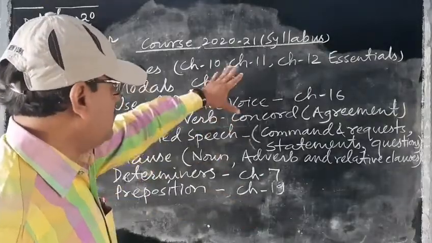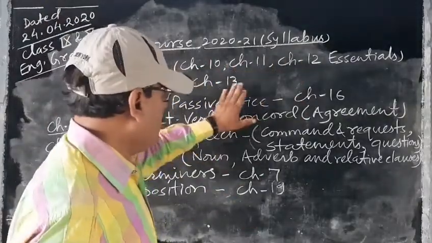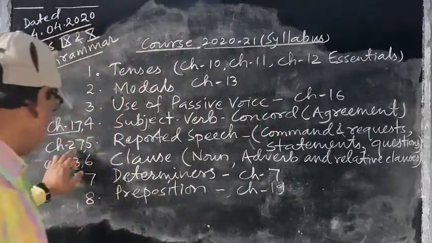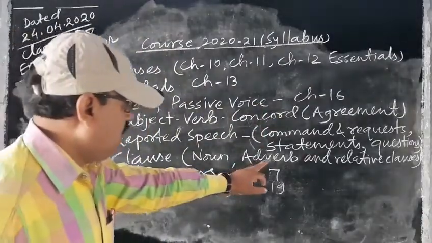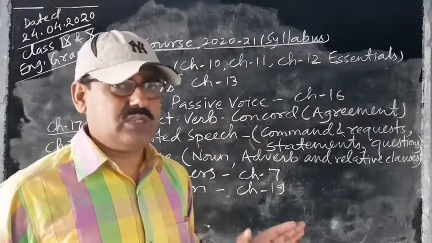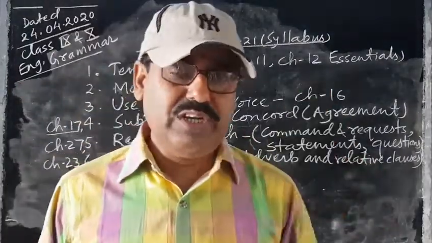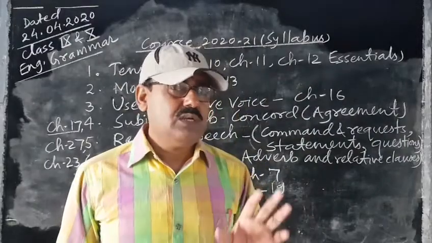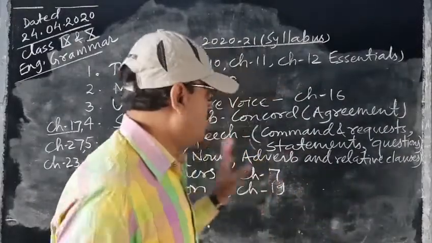All these 10 chapters, 1, 2, 3, 4, 5, 6, 7, 8, 9 and 10, will finish our course according to the syllabus provided to us by the CBSE board. Okay.